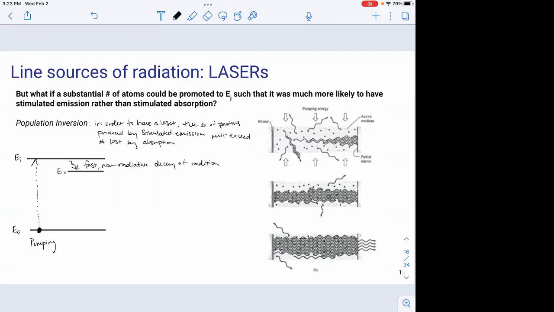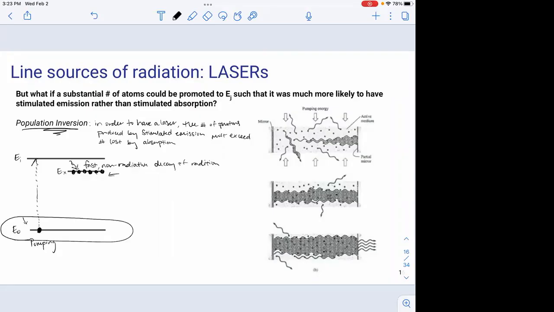The interesting thing is that this E sub x level is a metastable state, so that you can grow a population of excited atoms, molecules, ions in that spot. The time scale here is like a millisecond. The goal is that you have more of your lasing medium in this energy state than you do in this energy state, and that is how we get that population inversion, because the Maxwell-Boltzmann distribution tells us that in general we should have more of our lasing medium here.